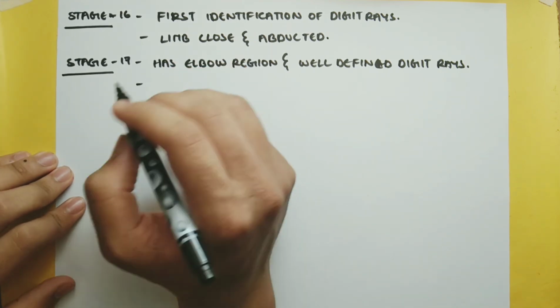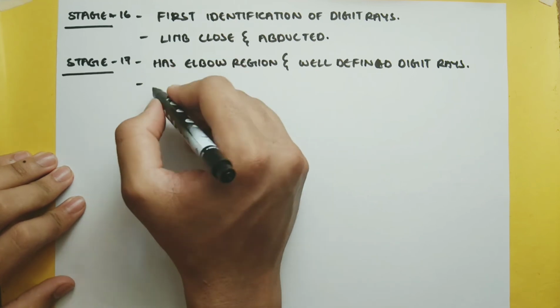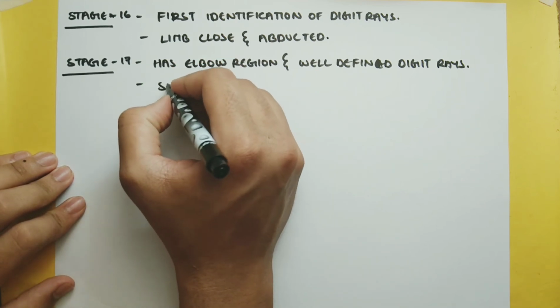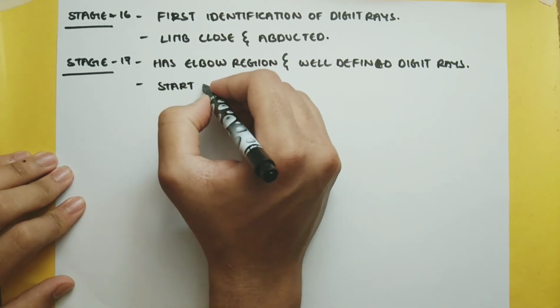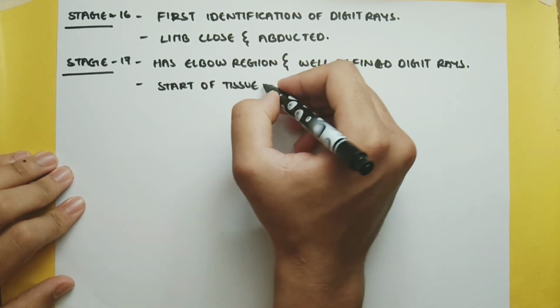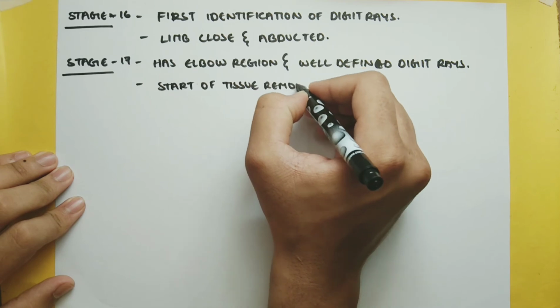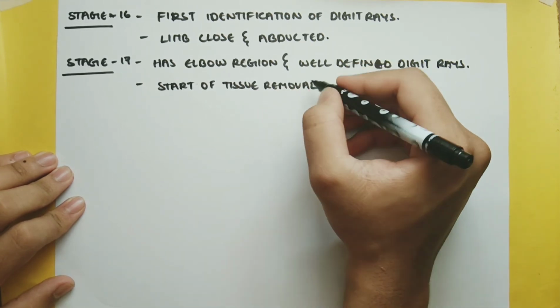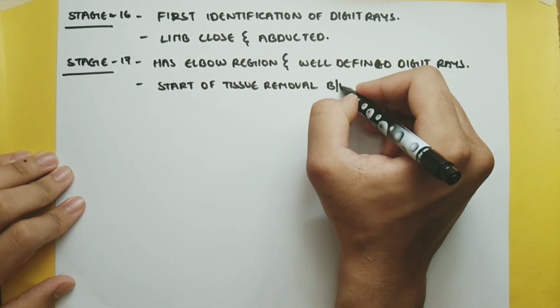And there is a main thing over here also. The starting of tissue removal between the digit takes place.